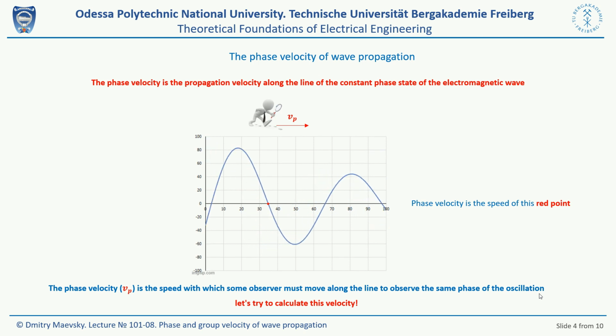Here it's especially necessary to pay attention to the fact that the speed of movement of the observer is only equal to the phase velocity, but it is not the phase velocity itself.